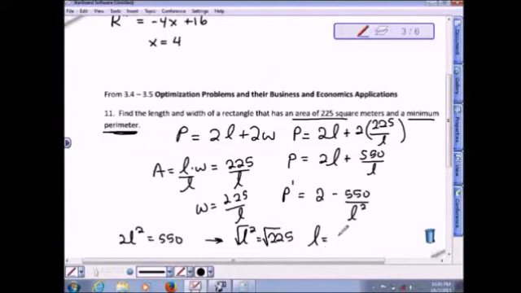You square root both sides, and L is equal to, technically it's plus or minus 15, but because these actually represent lengths and widths of rectangles, we consider the feasible domain, which is positive numbers. So the length is equal to 15.